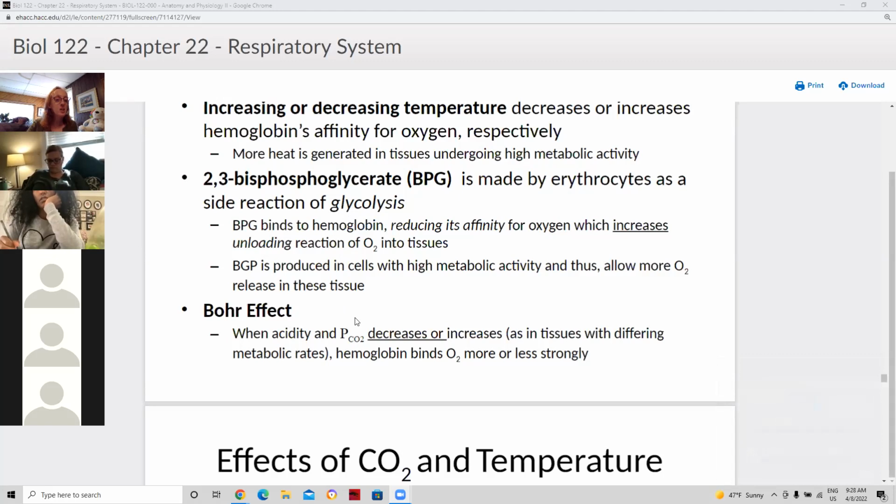In the Bohr effect, increased acidity or increasing partial pressure of carbon dioxide results in hemoglobin being more likely to give up the oxygen.